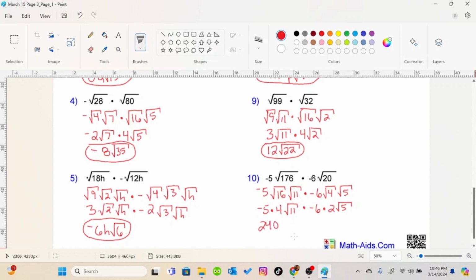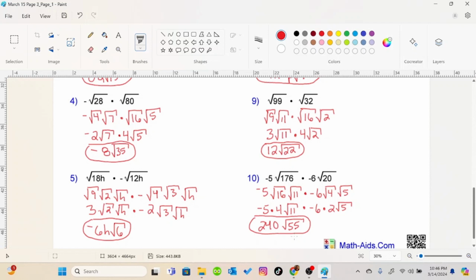And the square root of 11 times the square root of 5 is the square root of 55. So our final answer is 240 times the square root of 55.